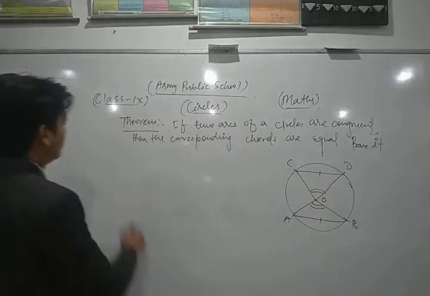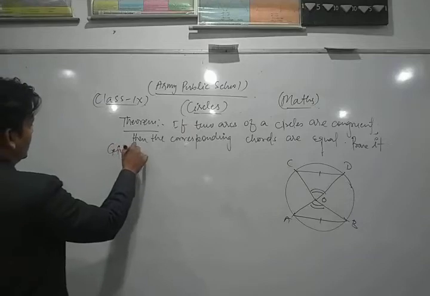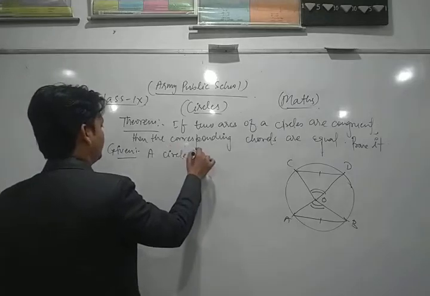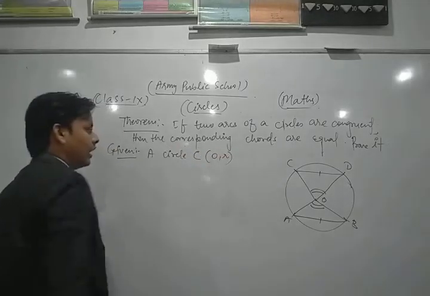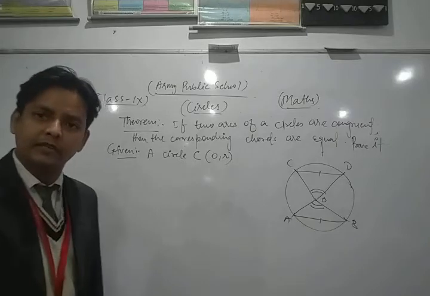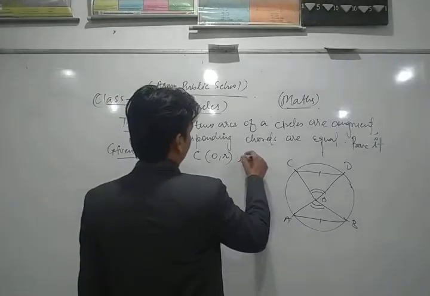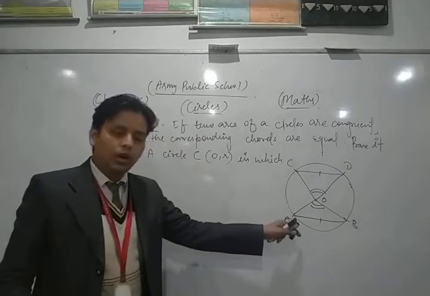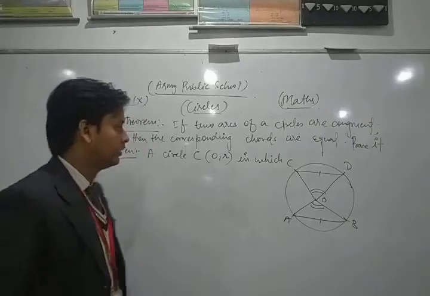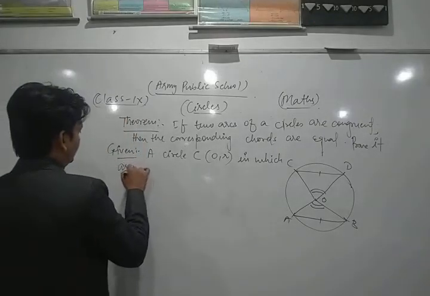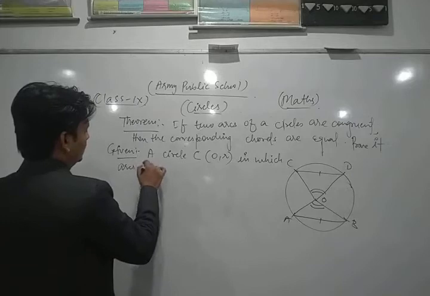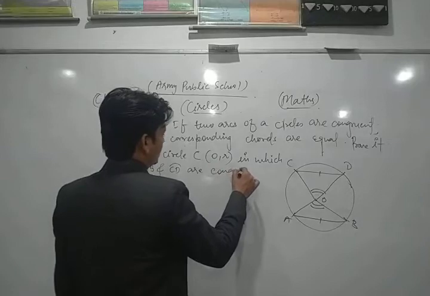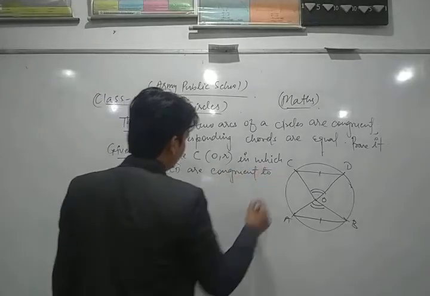Now, first of all, we write the given. A circle C with center O and radius R, in which two arcs AB and CD are congruent to each other.